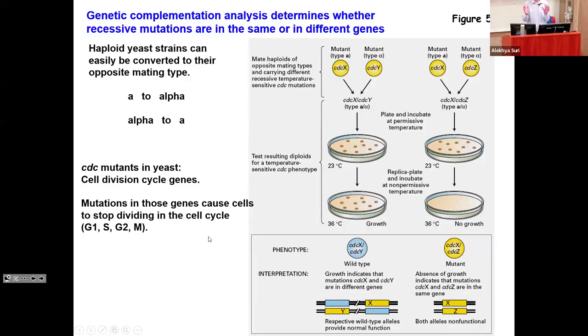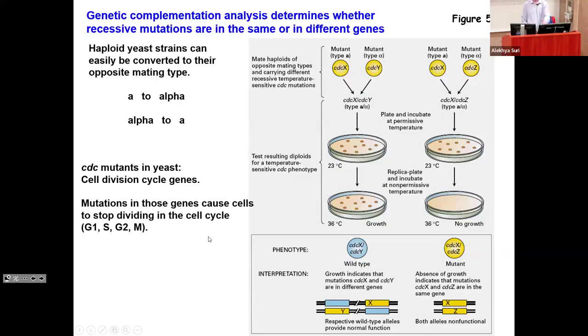So if you create diploid strains, you would have, for example, the Y gene mutated in one copy, but the other copy would be wild type. Similarly, here you have the X mutation, that's the yellow bar, but the corresponding sister gene would be wild type.